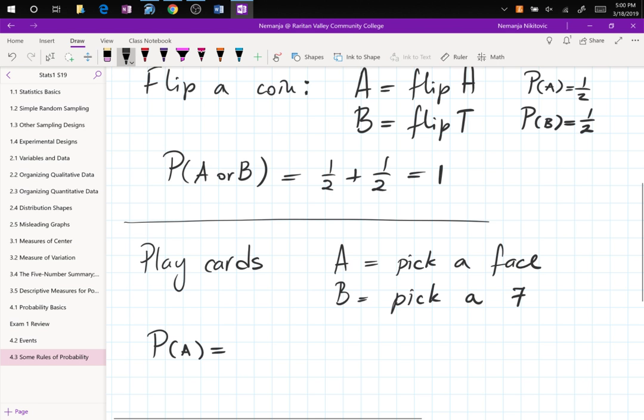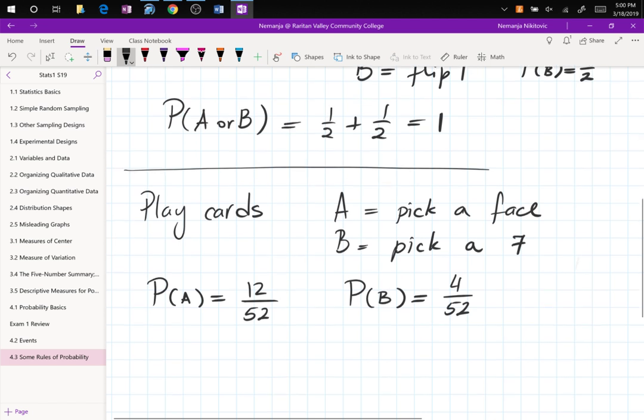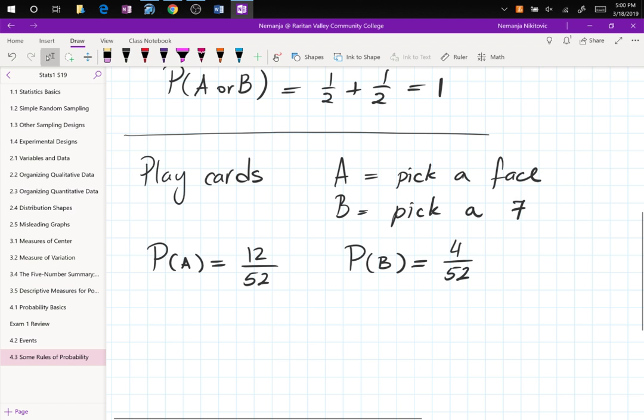To pick a face, you have 12 face cards in 52 cards. So the probability to pick a face is 12 in 52. The probability to pick a 7, which is event B, is 4 out of 52. No faces are 7s and no 7s are faces. Therefore, they're mutually exclusive. ME check.